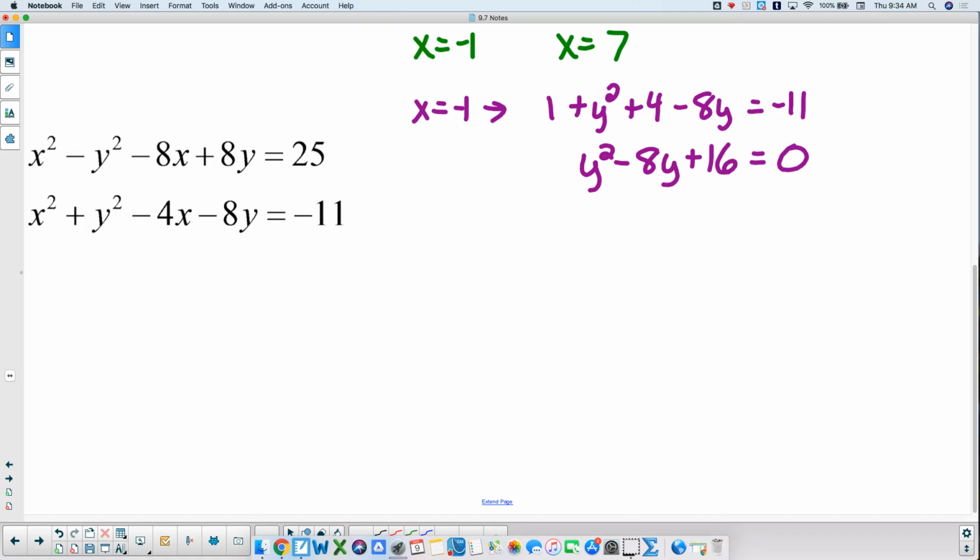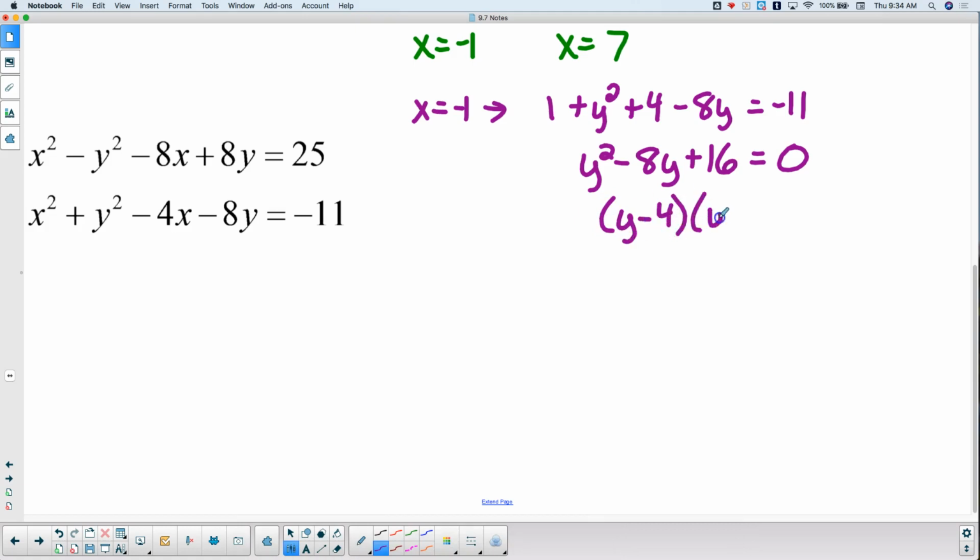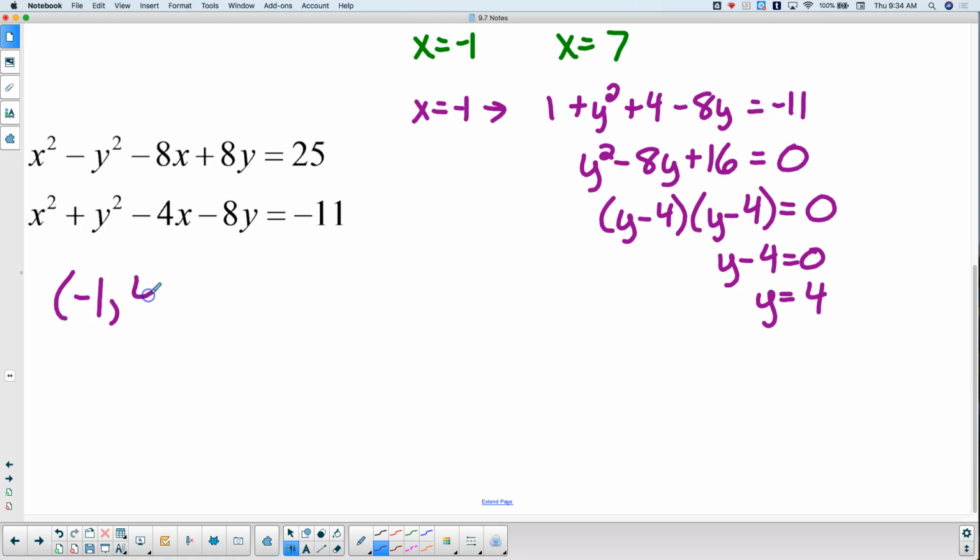Okay. So then this is y minus 4 and y minus 4. So that would be the potential here of negative 1, comma 4. Okay. With me?